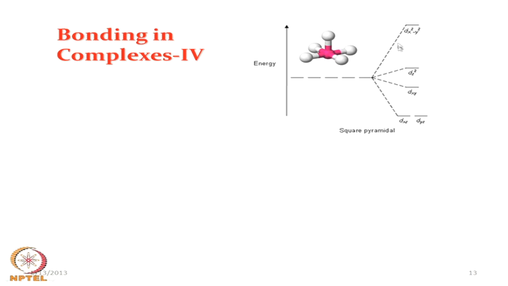So, this is a very simple crystal field diagram to be drawn for a square pyramidal geometry, where you see that we have a doublet, one singlet and one singlet. So, 3 levels would be singlet and 1 will be a doublet.